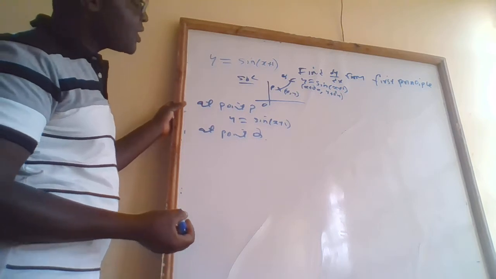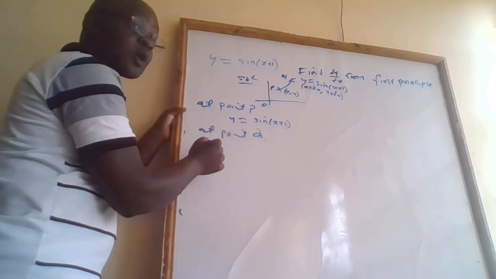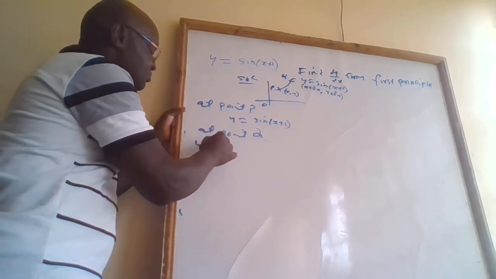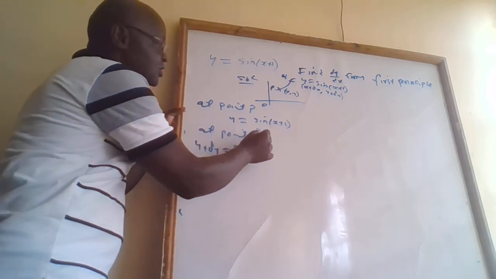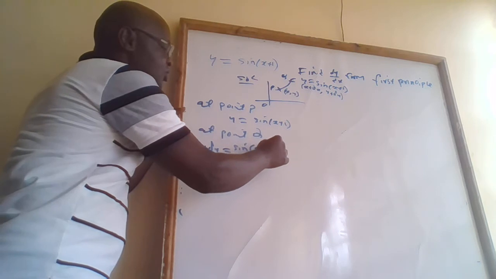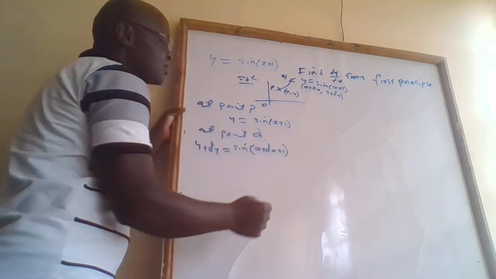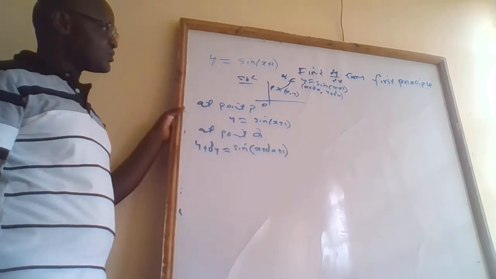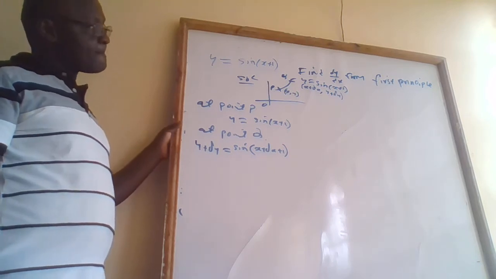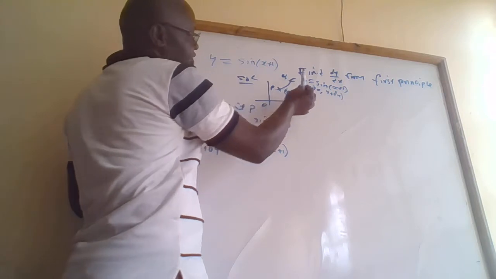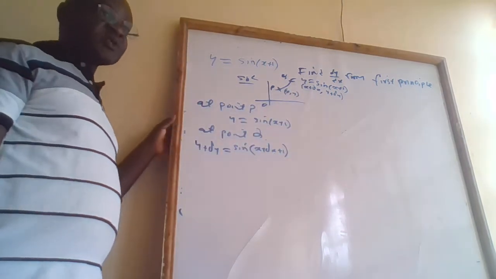So at point Q, we are going to have y plus a small increment in y equals sine of x plus a small increment in x, then plus 1. This is the equation that we are going to have at point Q.